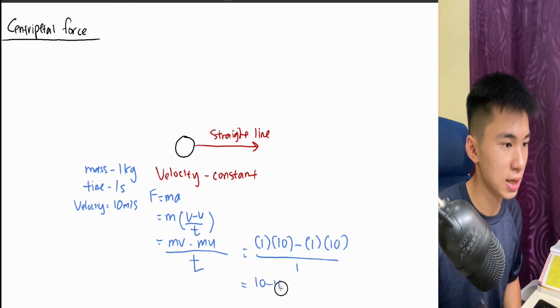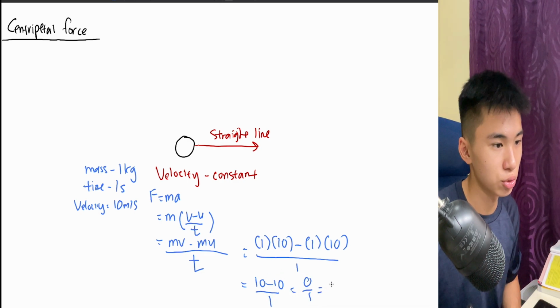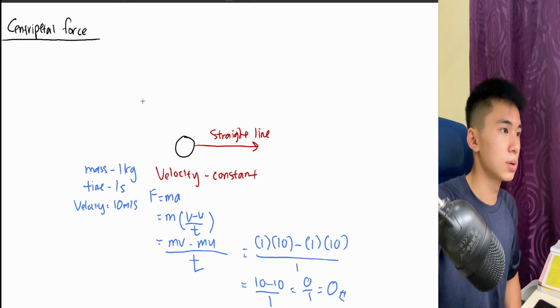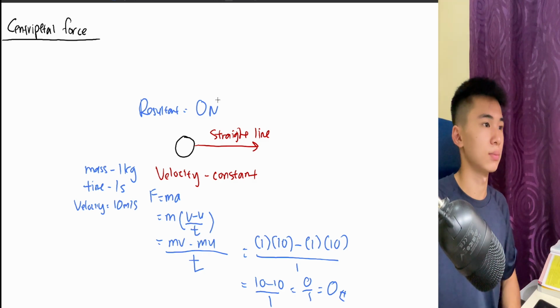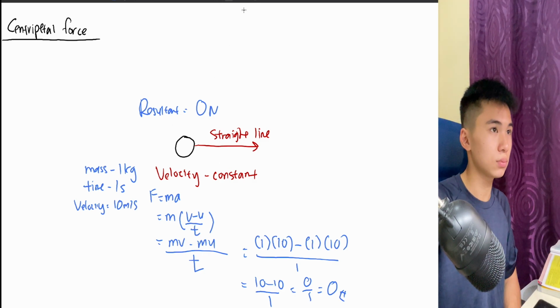So 10 minus 10 equals 0, over 1, which is 0. So there is no resultant force. The resultant force is going to be 0 Newtons, which means there is no net force in this case.